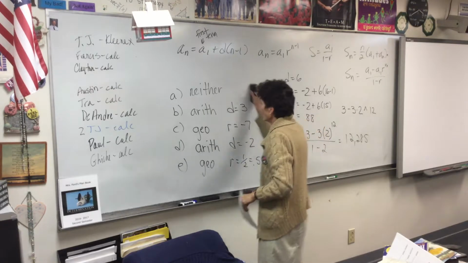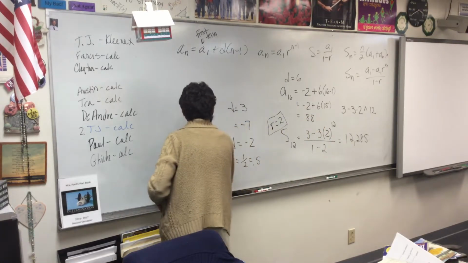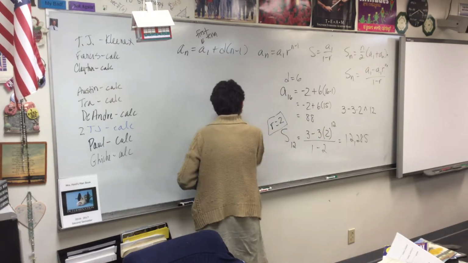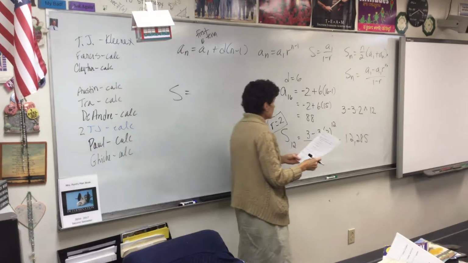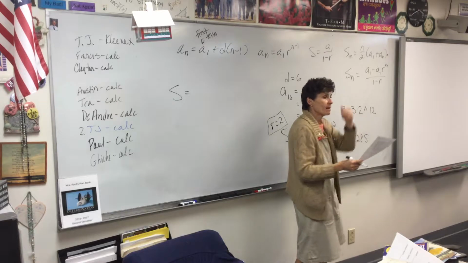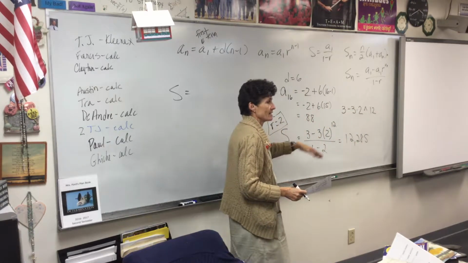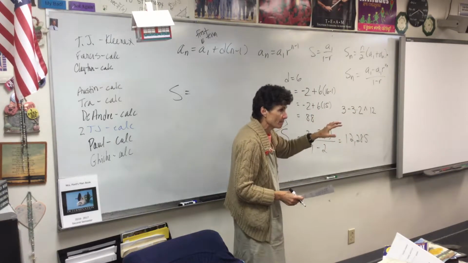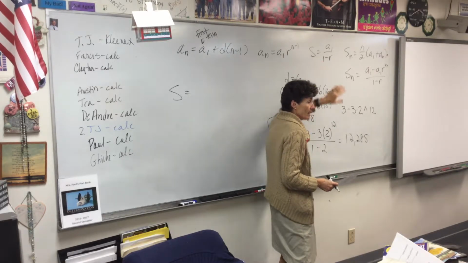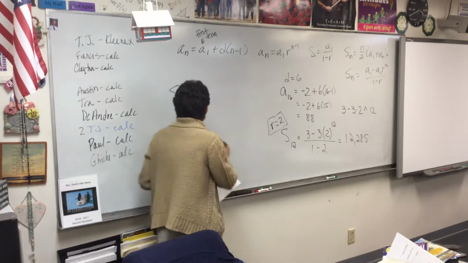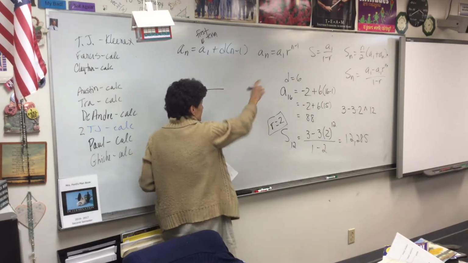All right, which is number 4. So number 4 says find S. Now notice, gang, in number 4, there's no S sub 12. It just says S. That's this formula, right? Plain S. And what do I need to know to sum it up? I need to know A sub 1.